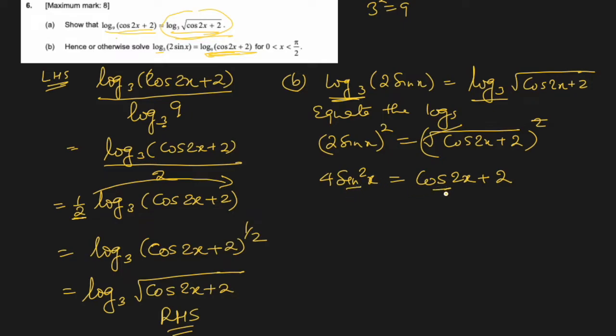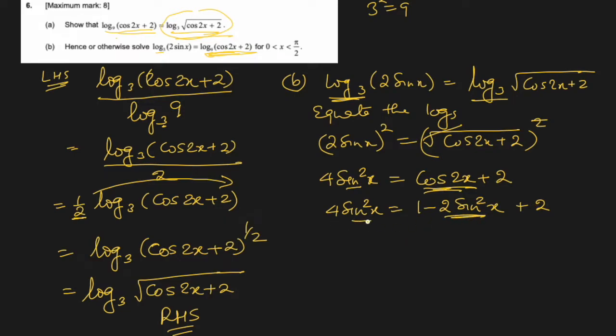But the best thing about cos 2x is that it can be converted to sine squared x. If you look at your formula sheets, you will get the identity I'm going to use now. So 4 sine squared x remains 4 sine squared x, but cos 2x is equal to 1 minus 2 sine squared x. If you look at the formula sheet, you will find it. And plus 2 is plus 2.